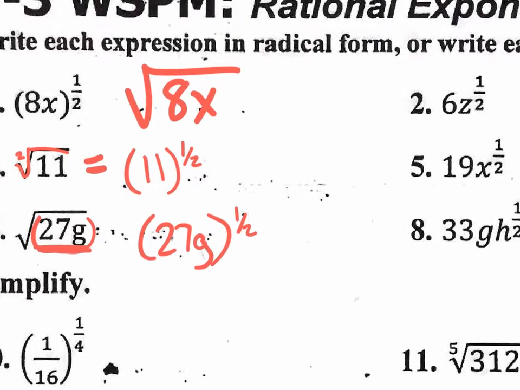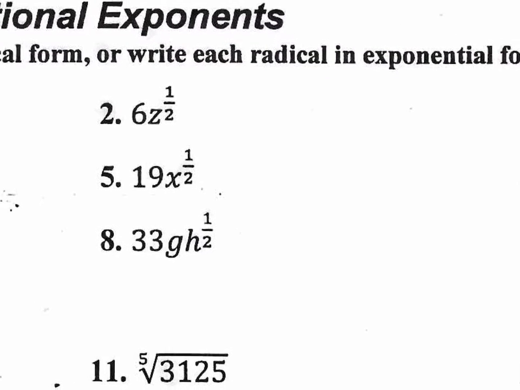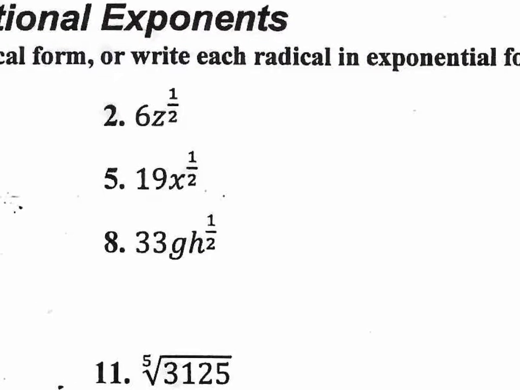Let's move on to number 2, 5, and 8. Number 2, I need to rewrite that as a radical, but keep in mind, what is the only term that has the power of 1/2? The variable z. So the 6 that's out here in the front, it's just saying 6 times z to the 1/2.